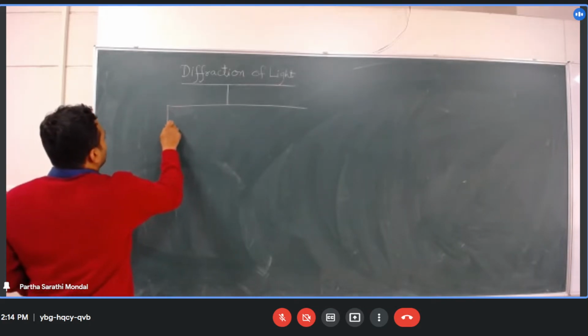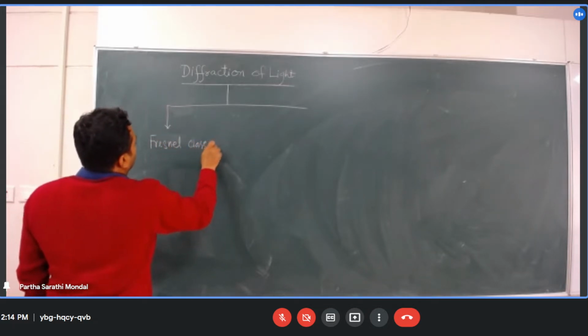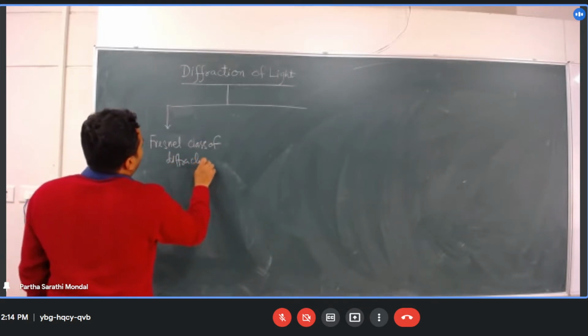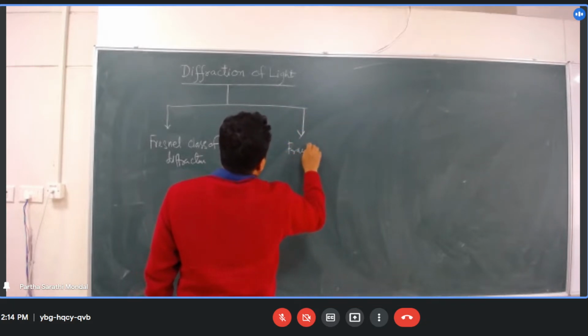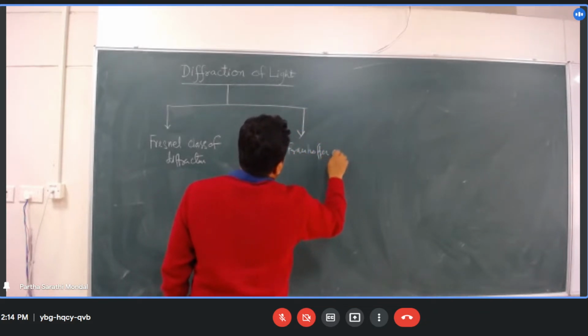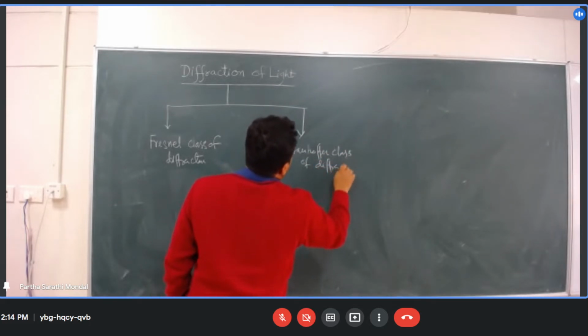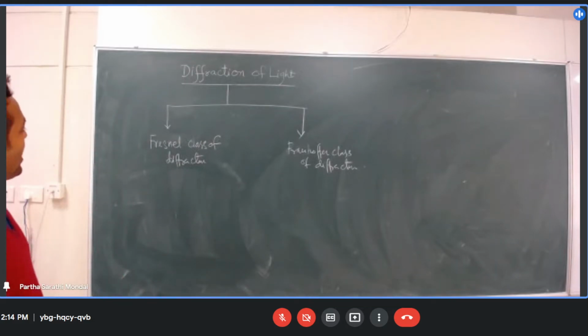One is called the Fresnel class of diffraction, and another is called the Fraunhofer class of diffraction. Okay.